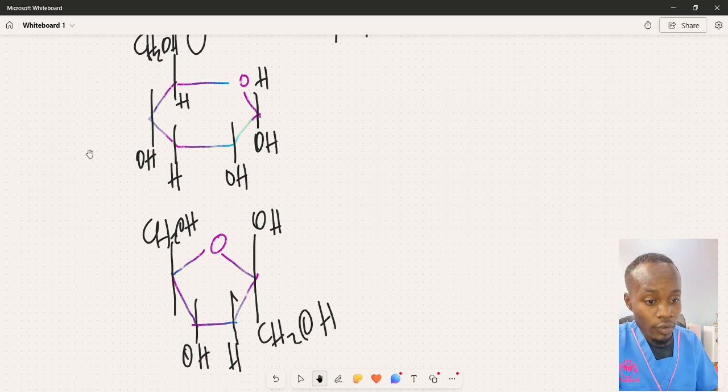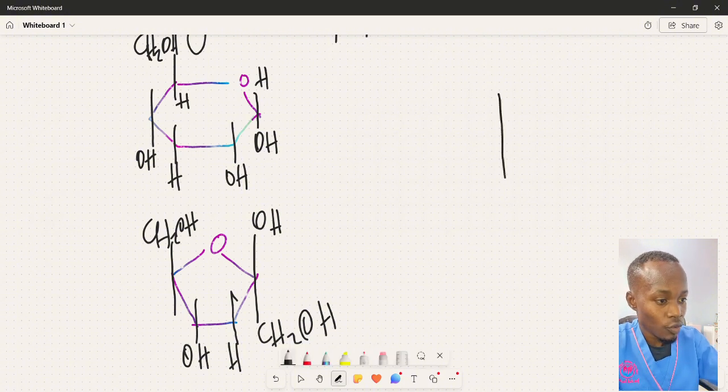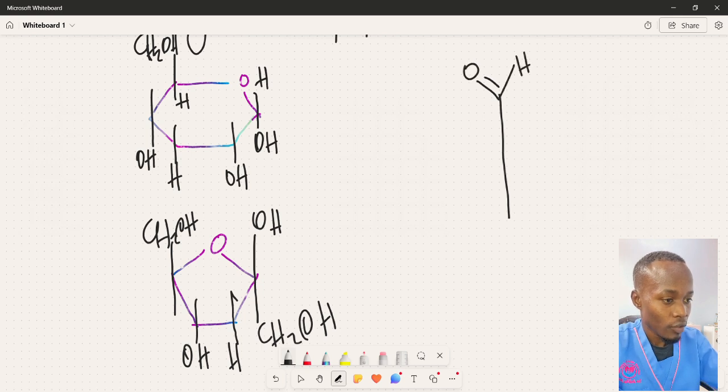When you draw the Fisher projection for glucose, that is 1, 2, 3, 4, 5, then 6, the CH2OH here.